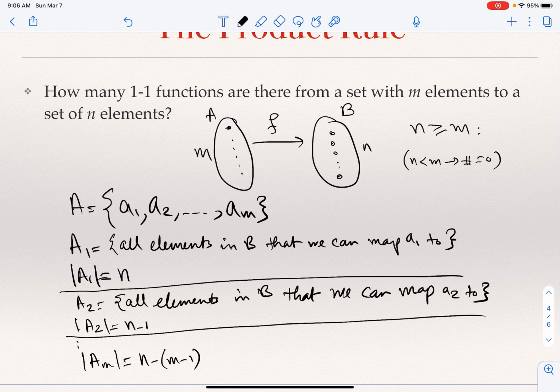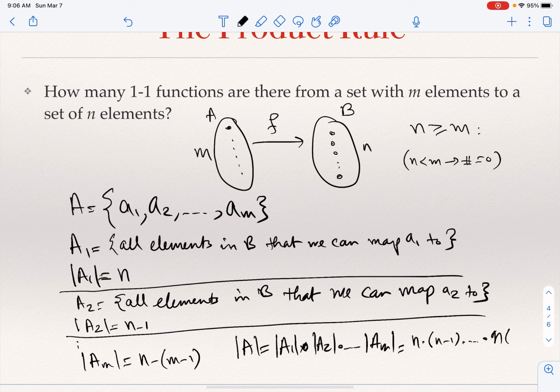So now using the product rule, I know that the cardinality of A is the cardinality of A1 times the cardinality of A2 times all the way to Am. So it is n times n minus 1 all the way to n minus m plus 1.